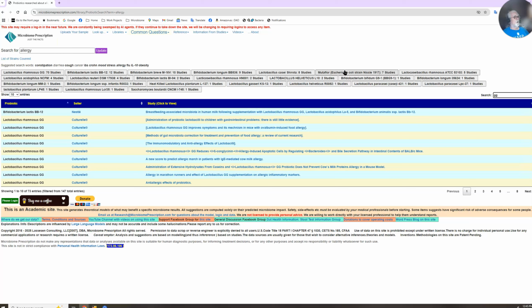So you can just go and get a list of priority of probiotics to try. If it has no effect, just move down to the next one, or do two of them at the same time. So this is the first level. Nice and easy. Just type in the word you're looking for, and you have the links to the studies, and you also see how many of each particular one is being studied.